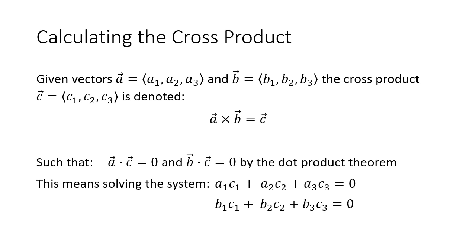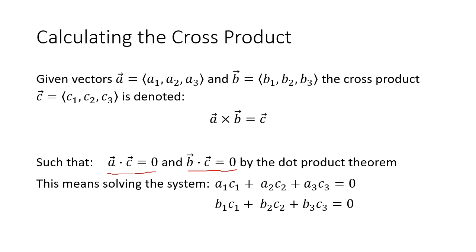So how do we calculate the cross product? Well, if I have vectors A and B, and the cross product of A and B is some vector C, I can actually set this up as a system of equations to solve, because I know that if my cross product is orthogonal, by the dot product theorem, A dot C and B dot C must be 0.